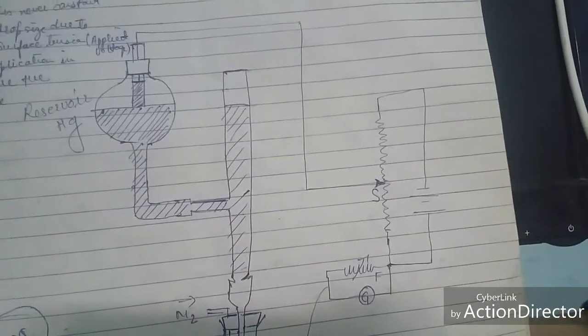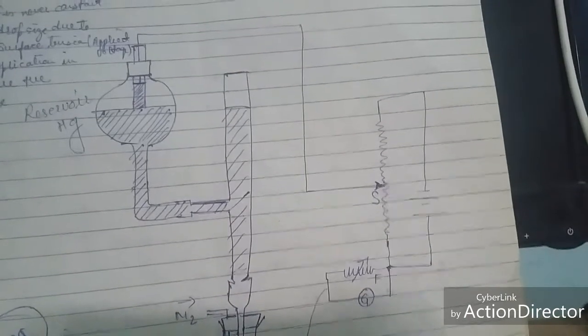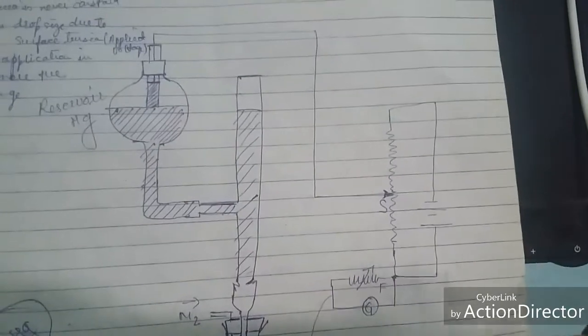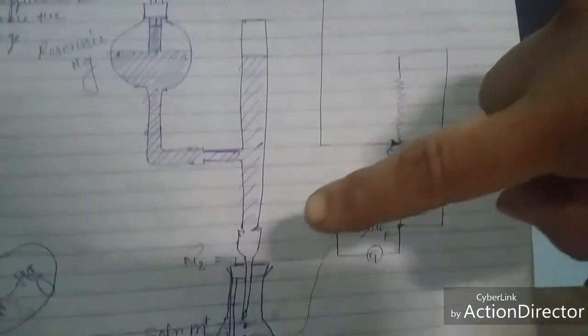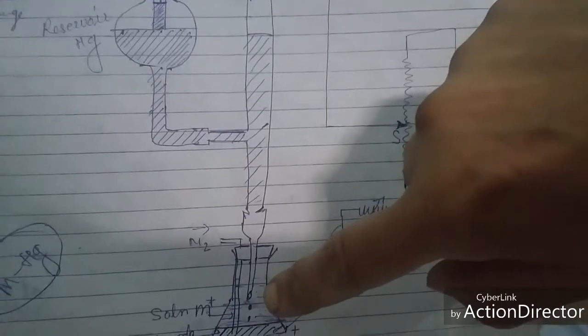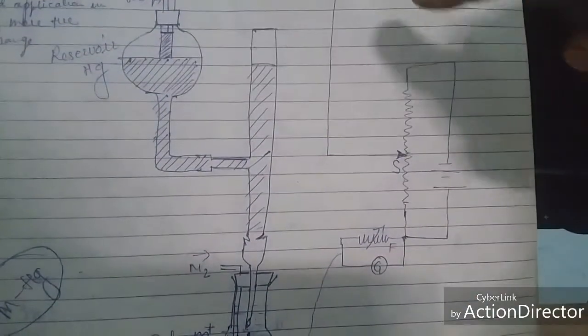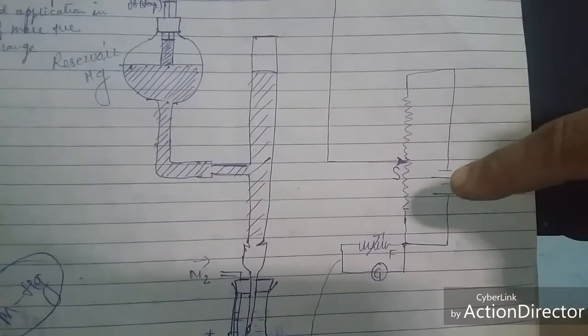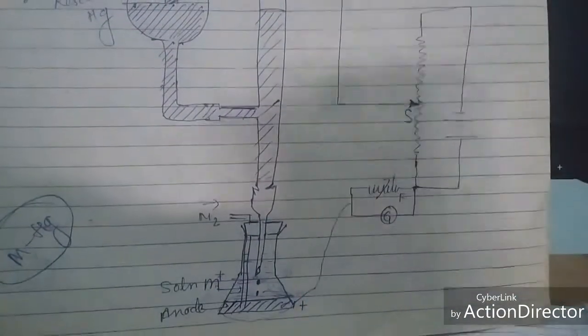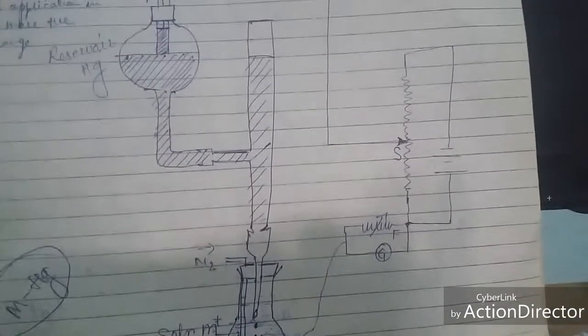So it consists of, as you can see in the diagram, a dropping mercury electrode which is used as the cathode. So here the mercury drops are, you can see. So this dropping mercury electrode is used as a cathode, and the anode will be the large pool of mercury which you can see in the conical flask.